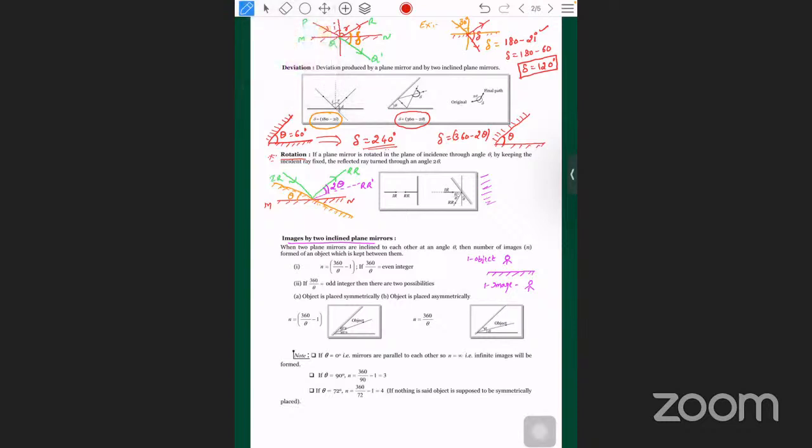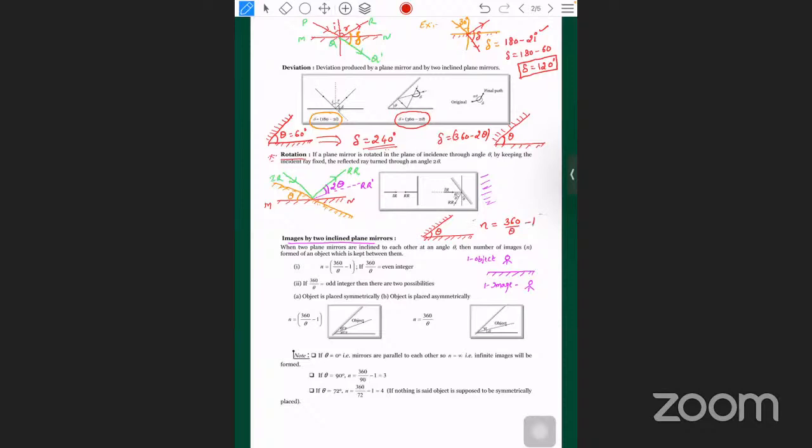Suppose two mirrors are there. If the two mirrors make an angle theta, then the number of images will be equal to 360 by theta minus 1.